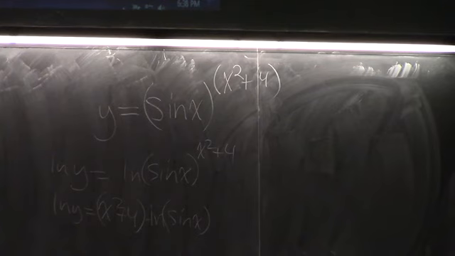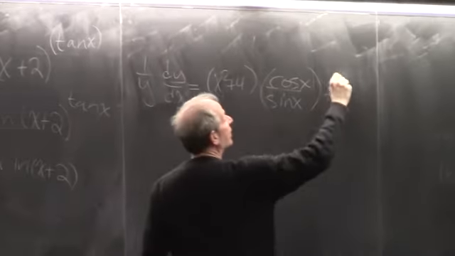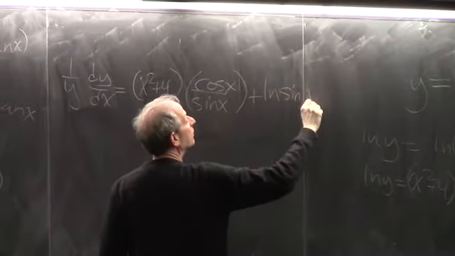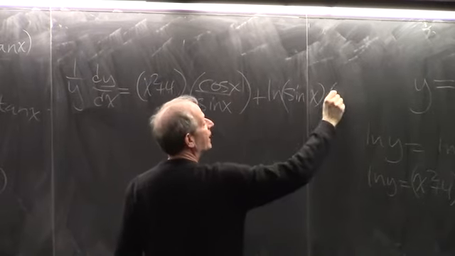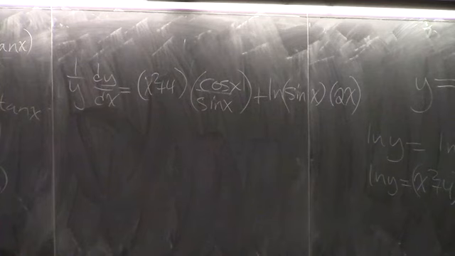So you get 1 over y, dy/dx, equals x squared plus 4. Now what's the derivative of the log of sine of x? Sine x on the bottom, cosine x on top. Also known as cotangent. Plus log of sine x times 2x. Okay? Now you just have to rearrange this.